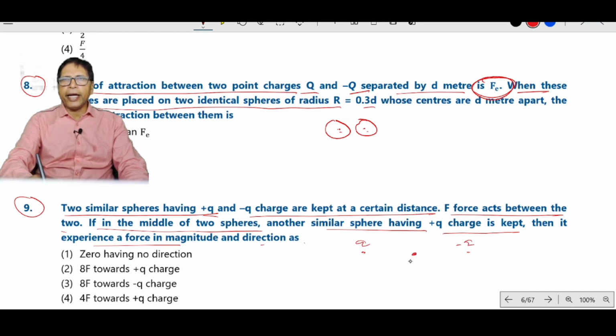The charge q repels the middle charge along this direction by a force 4 times greater than the initial force, because the distance is half of the initial distance of separation of the first two charges. So this is 4F, and here the minus q charge also attracts along this direction with force 4F. So the net force on the charge at the middle is 8F towards the negative charge.